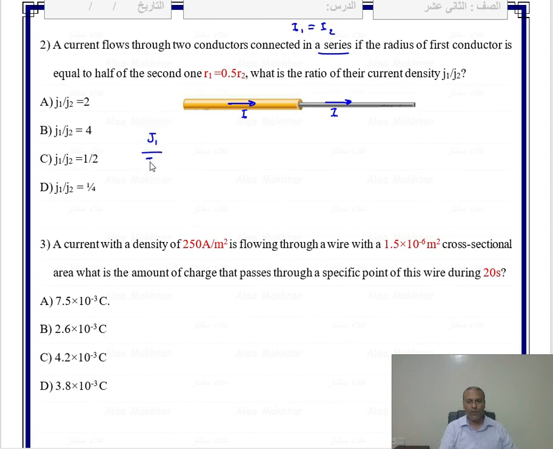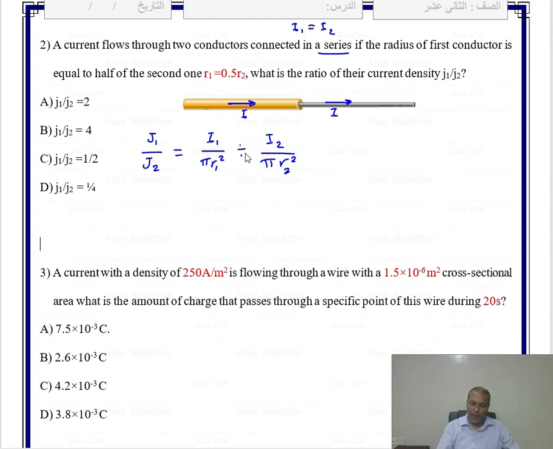J1 over J2 equals I1 divided by pi R1 squared, this is for conductor number 1, divided by I2 over pi R2 squared. Just to write the equation two times. We can convert division to multiplication and reverse this fraction.